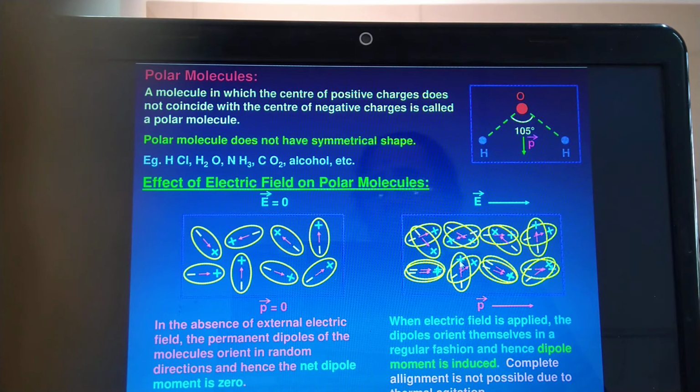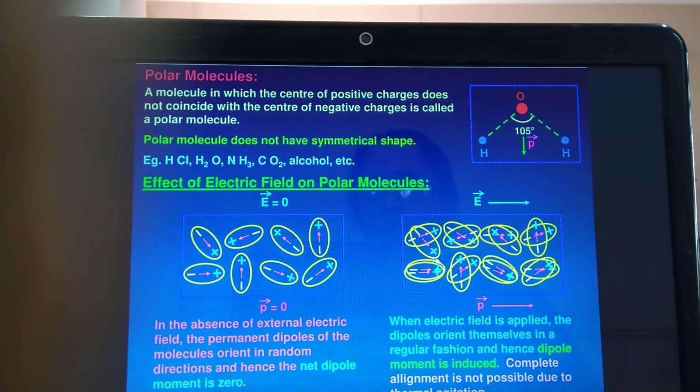But when we apply an electric field, the dipoles start rotating themselves in a regular fashion. What does regular fashion mean? If an electric field is there, one side is positive and the other side is negative.